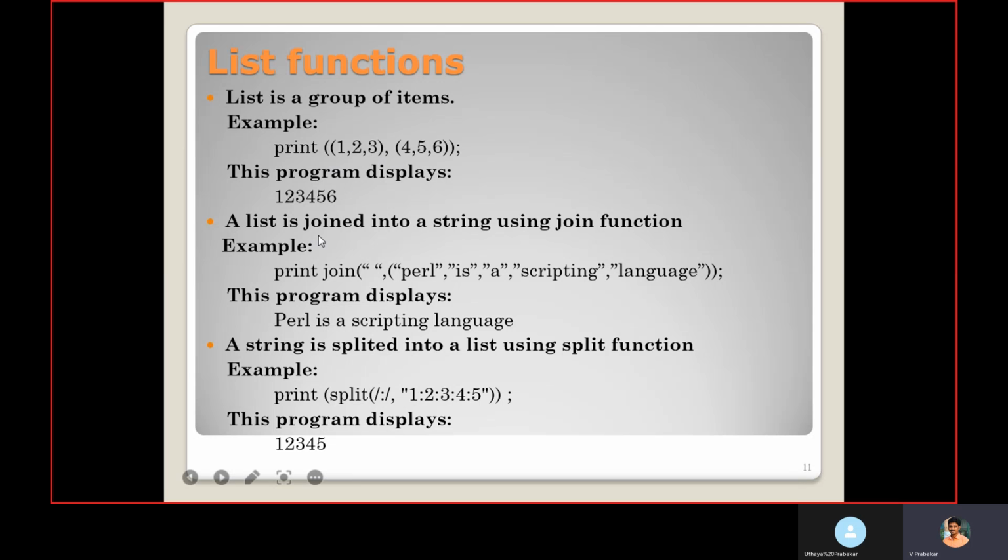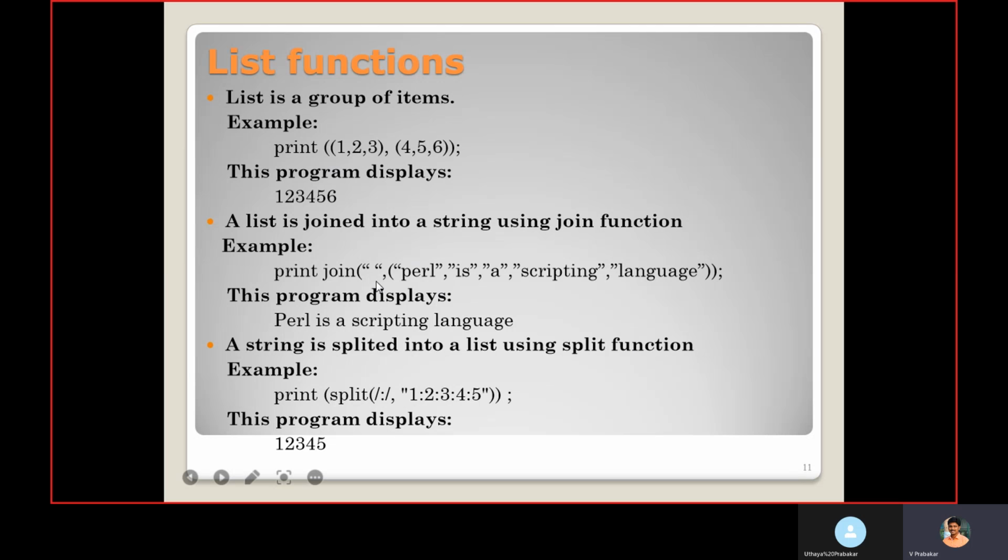Then the use of join. A list is joined into a string using the join function. Using the join function, we can join the elements of the list. If you mention the scalar values inside the brackets, this is called a list. Here, using the join function, I am going to join these elements with the help of this one.